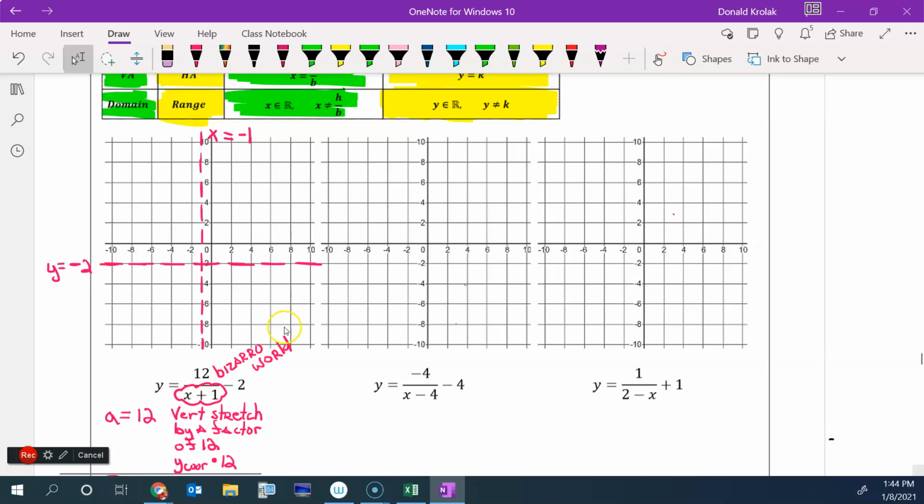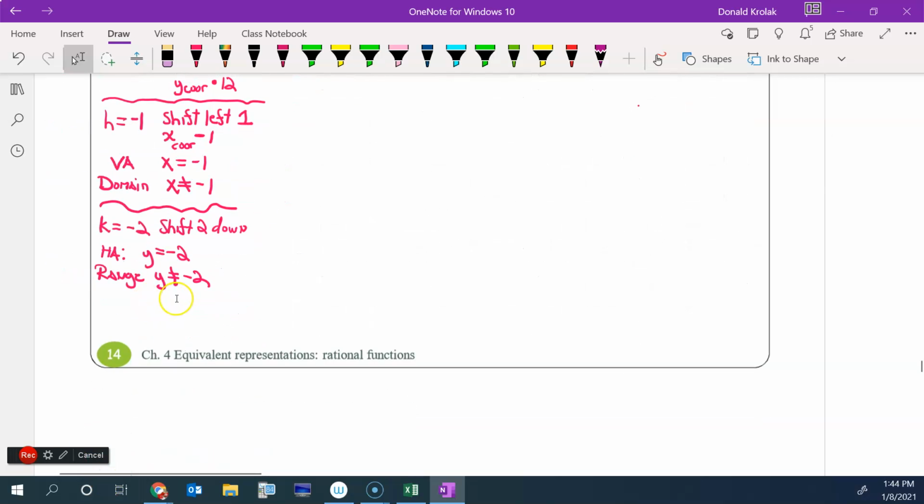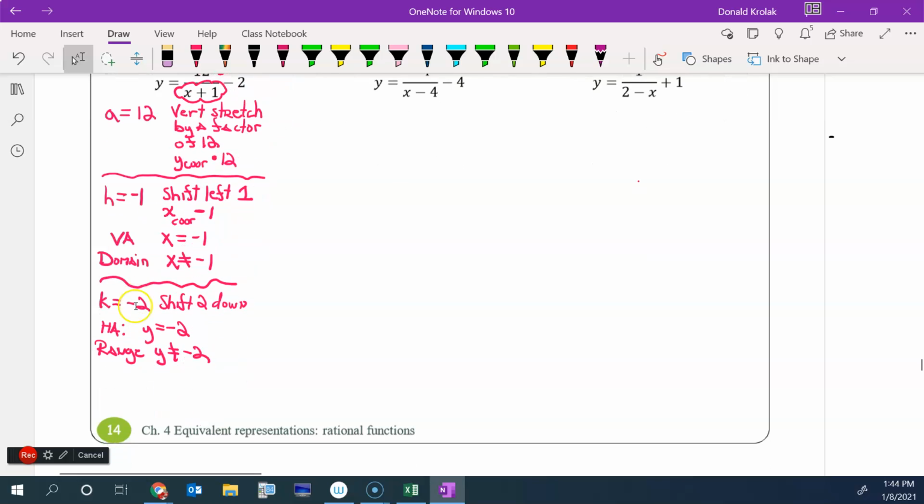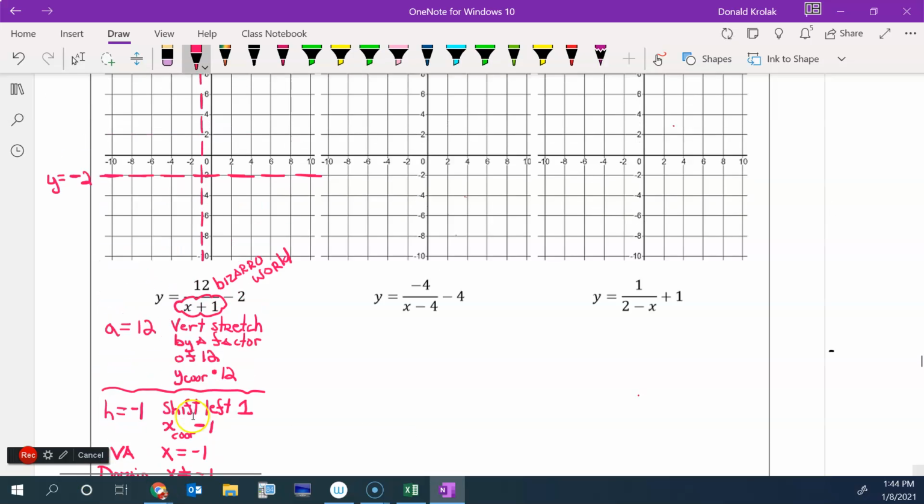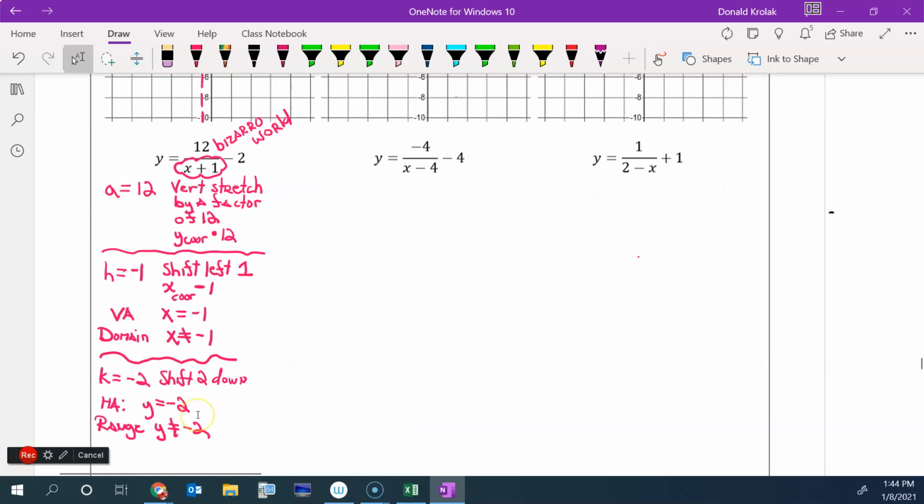Okay, all right, now we'll just do our anchor points. And then you just got to be careful because the order matters in which you do these.